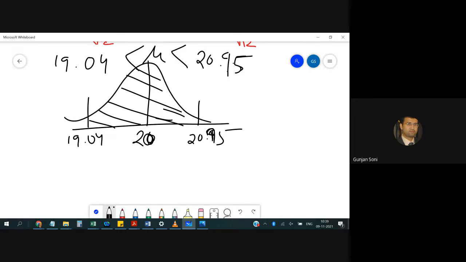The question is, based on this sample of 14, and we assume that the parent population is normally distributed. So here, whenever we are going to use t distribution, we have to make one assumption that the population from which the sample has been derived is normally distributed.